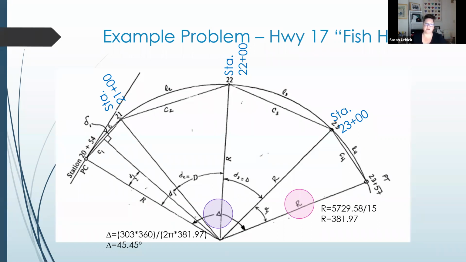And with that, we find out that the summation of all of those internal angles is 45.45 degrees. Same ratio of this D, 15 degrees to 100 feet on the arc length, is the same as the whole internal angle to the whole length of the arc.